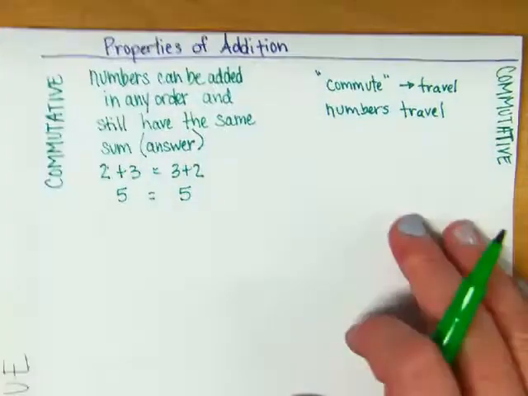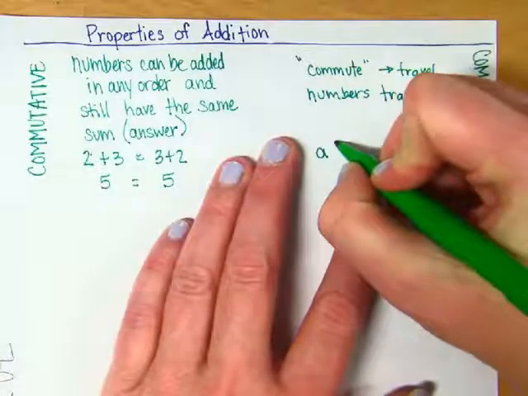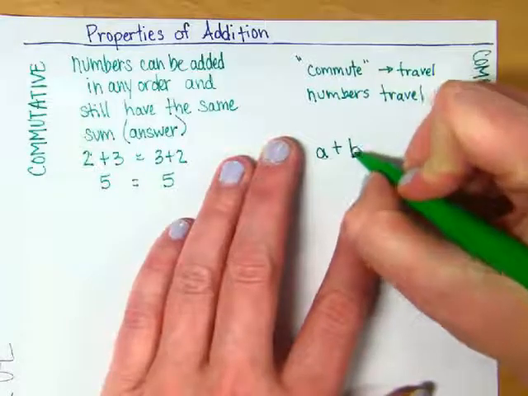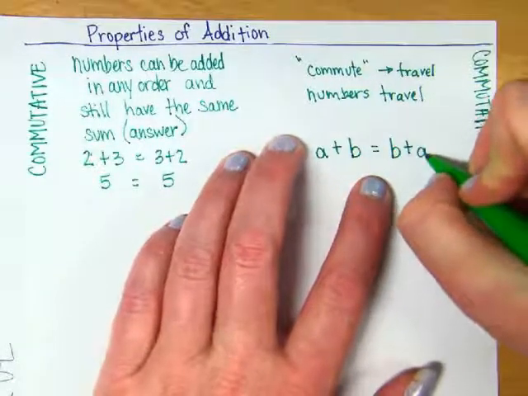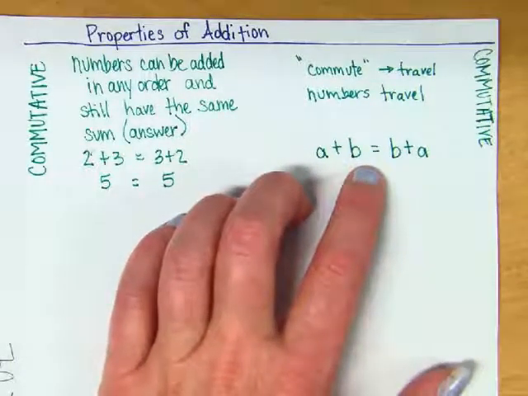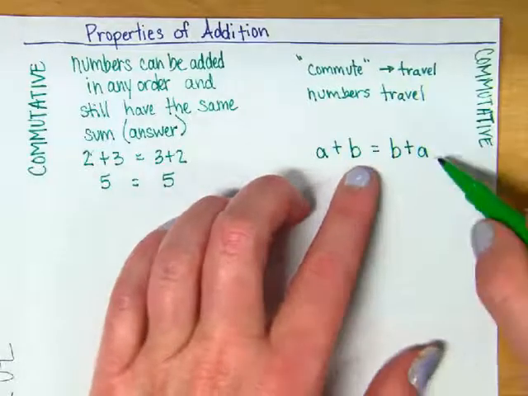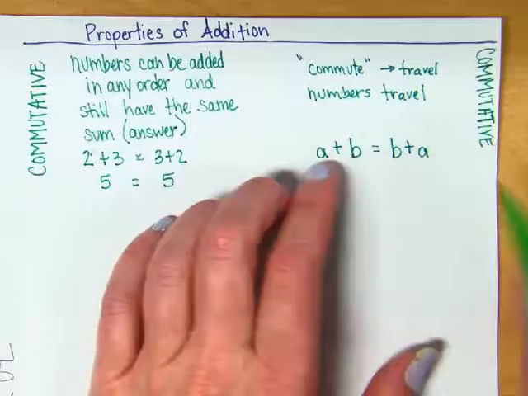Now what that would look like using variables would be A plus B is the same thing as B plus A. Whatever number A is, if we add B to that, we'll still get the same result if we take that same number B and add A.